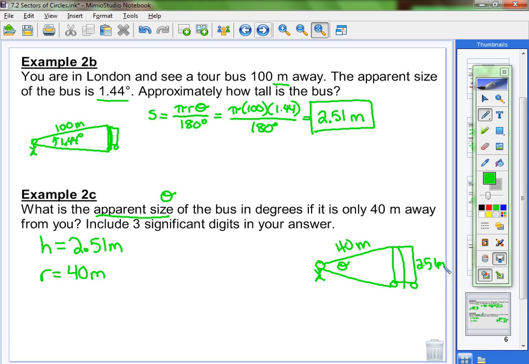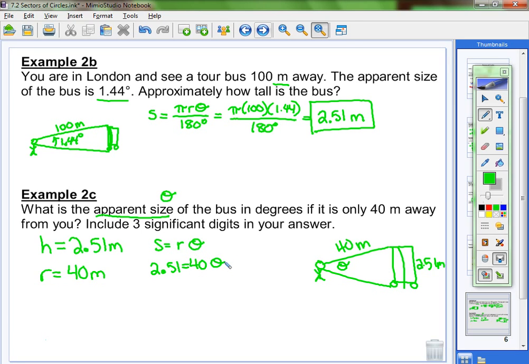We can use radians or degrees for this. Again, the formula for radians is easier, so we can use that. Arc length equals the radius times theta. We know that the arc length is the height of the bus, so it's 2.51, and the radius is 40, and we want to know theta.